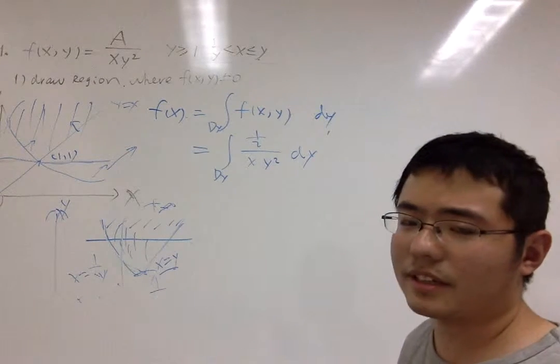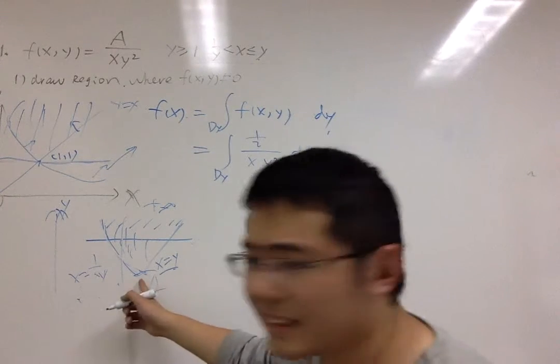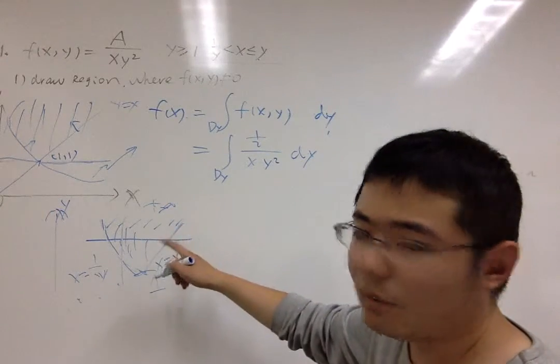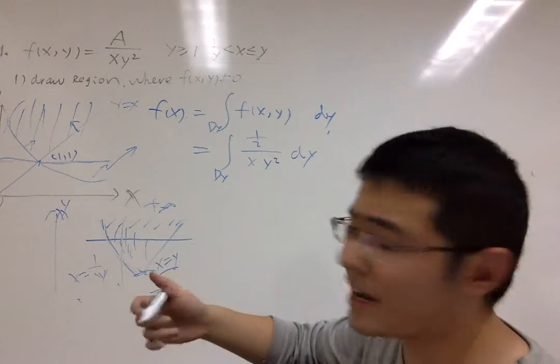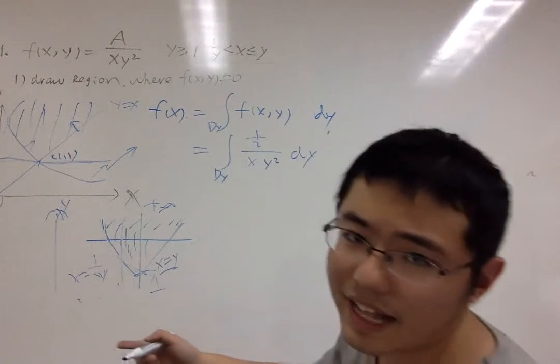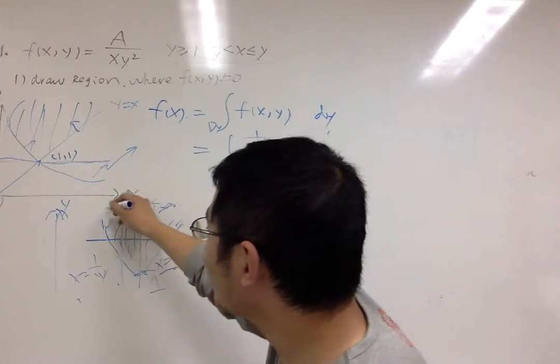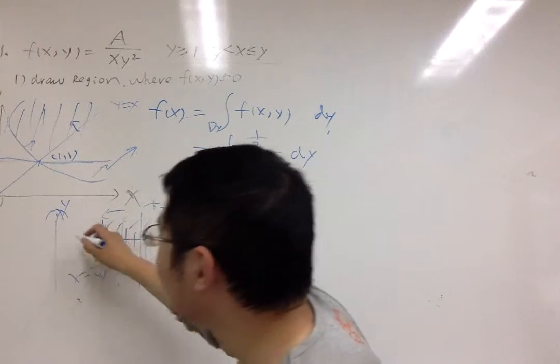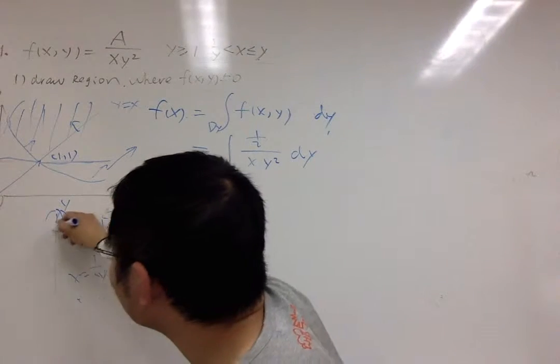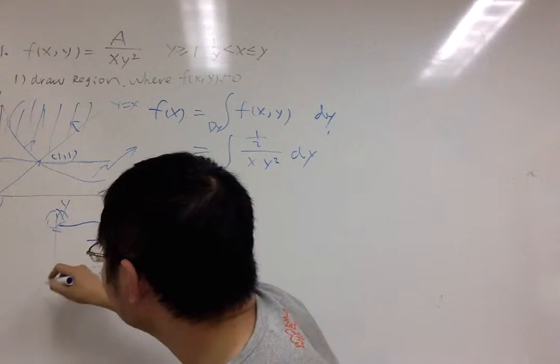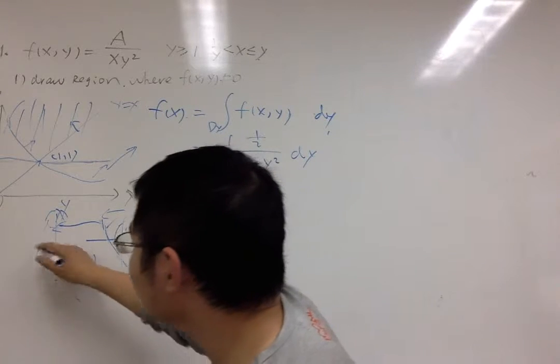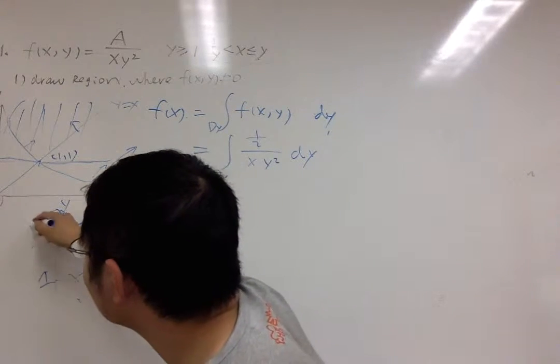But we come across a major problem. As you can see, when we project the area onto the y-axis, there's some overlap. The left part, if we project it, goes from infinity to 1.